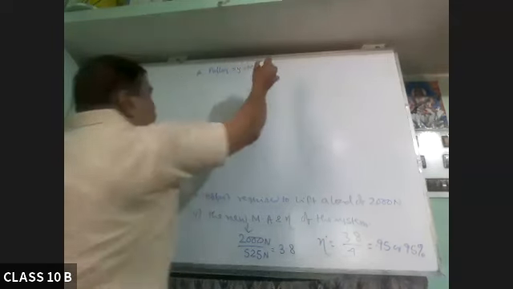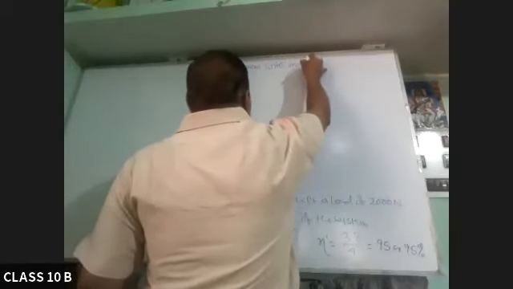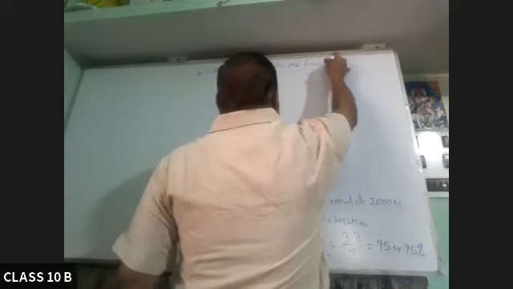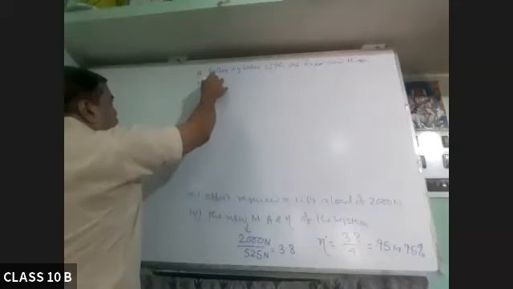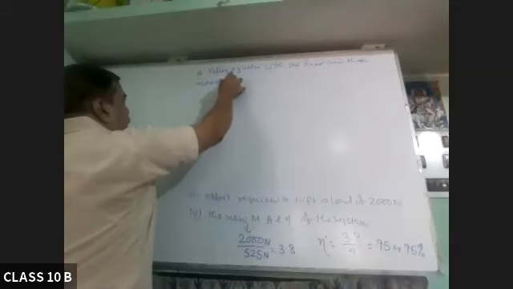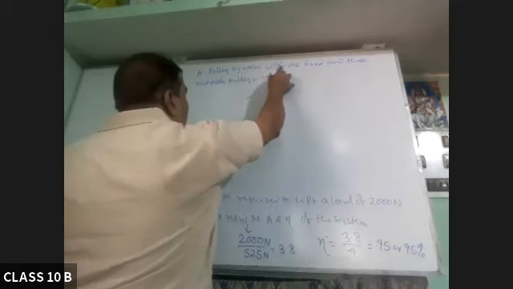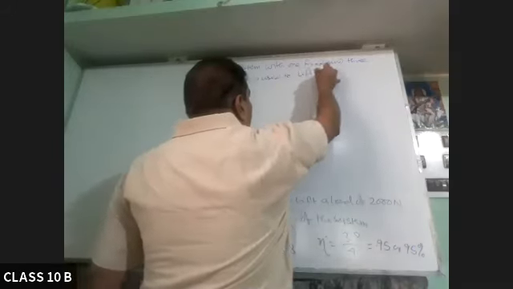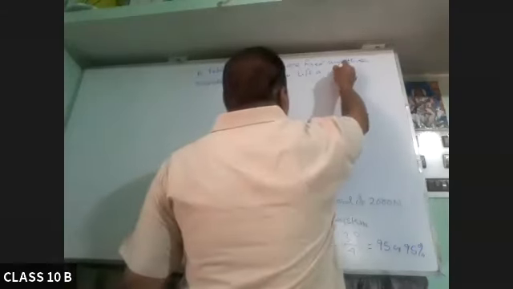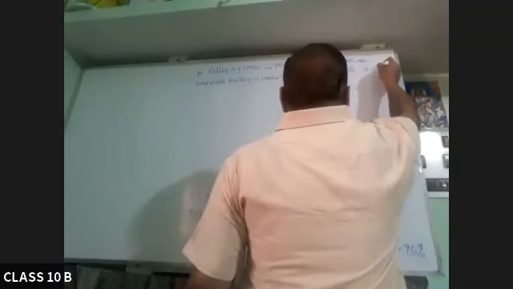Suppose you are given a pulley system with one fixed and three movable pulleys. It is used to lift a load of 1600 Newton.